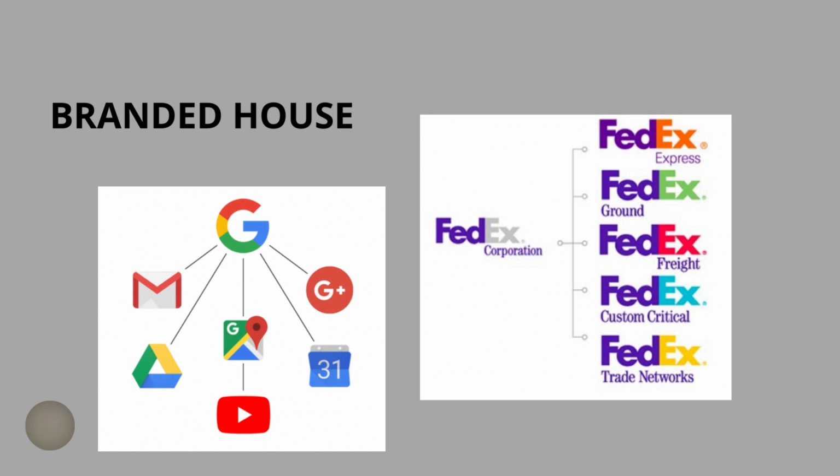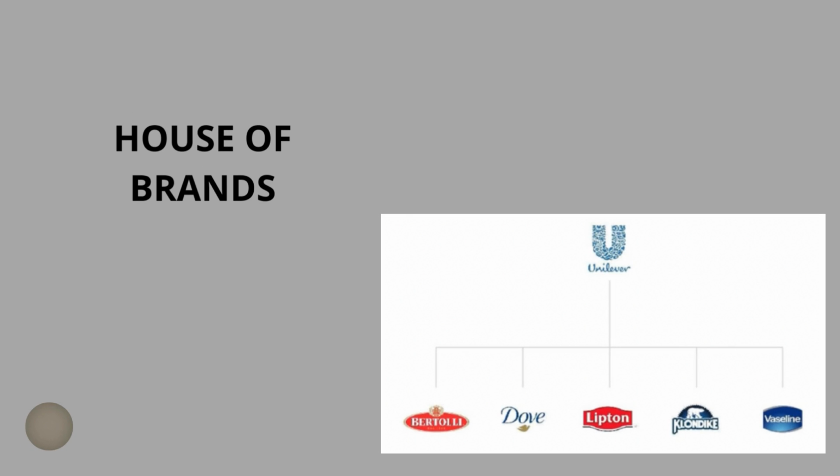Examples of a branded house would be FedEx, Google, Apple, Virgin. Then there's House of Brands, which would be a brand like Unilever, which has a rich portfolio of sub-brands that range all the way from food to hygiene products. House of Brands structures often try to make new acquisitions and products part of the master brand with marketing and communication strategies.